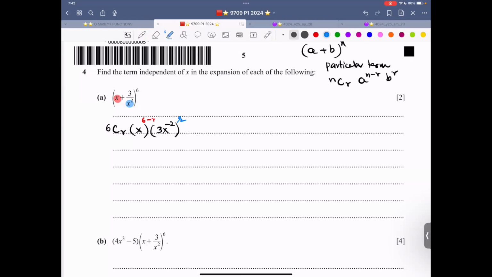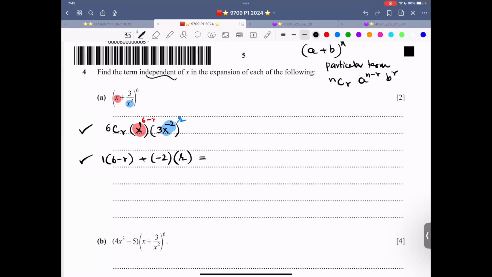So now let me highlight this again. So this is x minus 2. And over here, this is x and the power of x is 1. Now, this is step number 1. Step number 2, gather powers of x. So 1 into 6 minus r plus negative 2 into r, add the powers and equate it to the power of the required term.